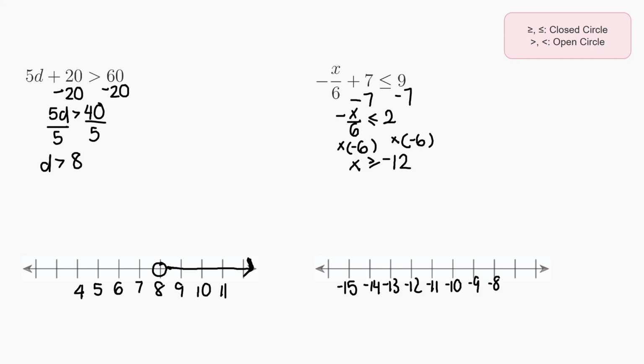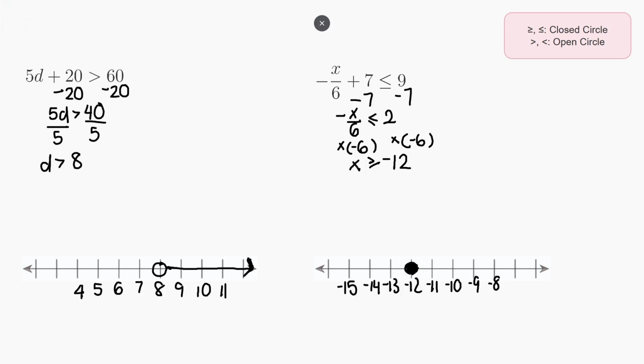Okay, so now let's make a circle at negative 12 and ask ourselves, do we want it open or closed? As you can see, we have x is greater than or equal to negative 12. There is an equal to here, which means x is allowed to be negative 12. So we want to color this in. And then we ask which side should the arrowhead go?